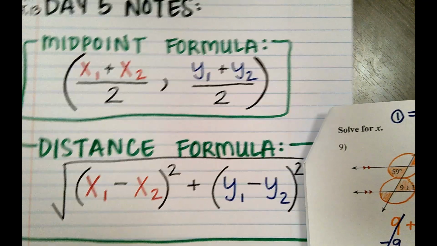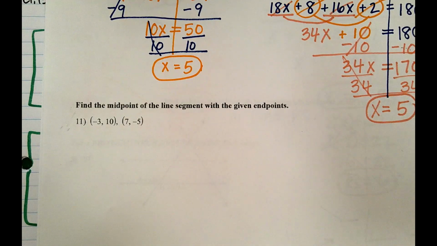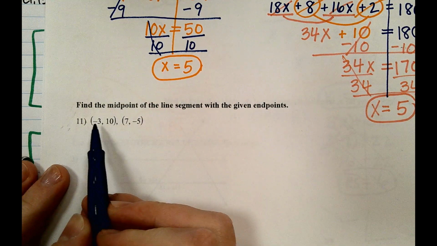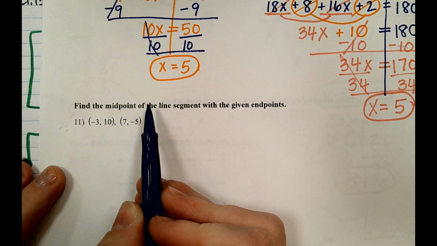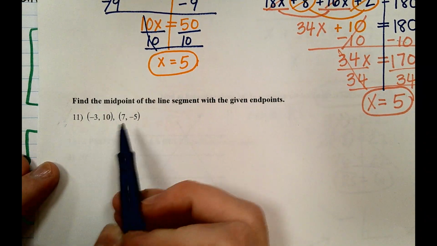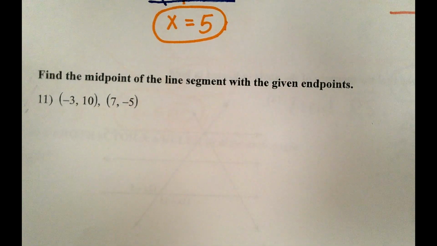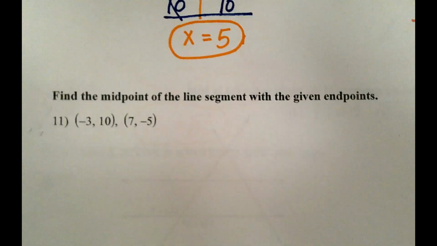Okay. All right, I'm going to scooch this to the side for a moment and let's look at number 11. Number 11 says find the midpoint of the line segment with the given endpoints. So these are my endpoints: -3, 10, 7, -5.